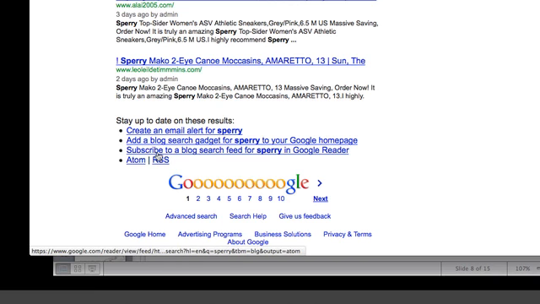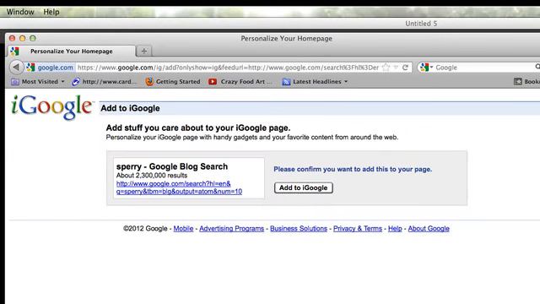One of the things I'm going to do is add a blog search gadget to my Google home page. Not everybody knows that Google will offer you a home page function, but they will. And I can add that. Well, I've already added it. So let's go look at what an iGoogle page looks like.